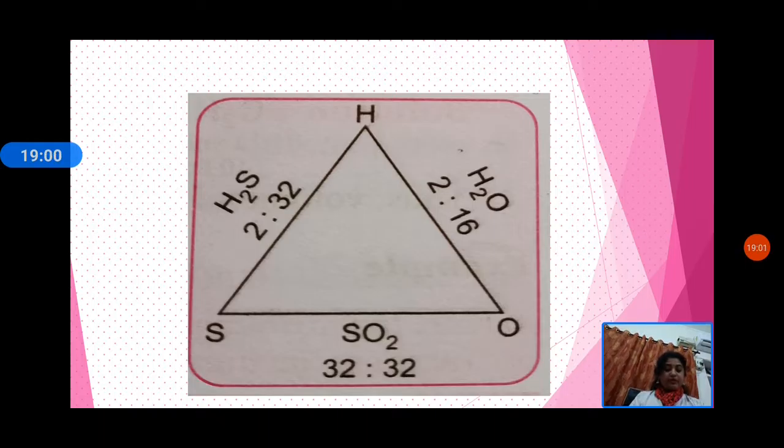Now when sulfur and oxygen combine to form sulfur dioxide, the ratio of mass of sulfur and oxygen is 32:32 or 1:1. It is the simple multiple of the previous ratio.